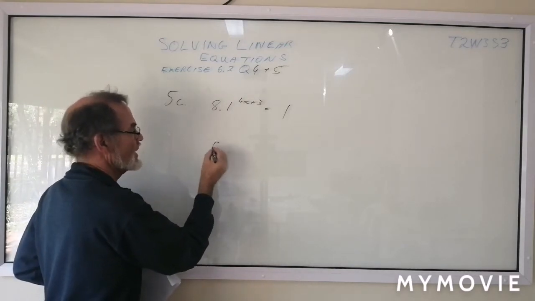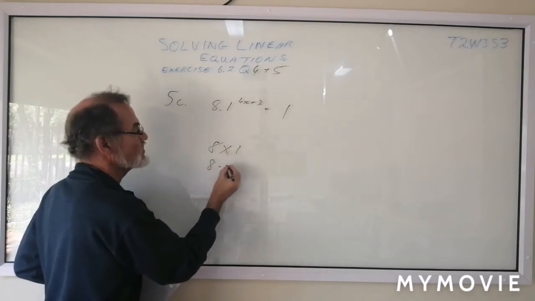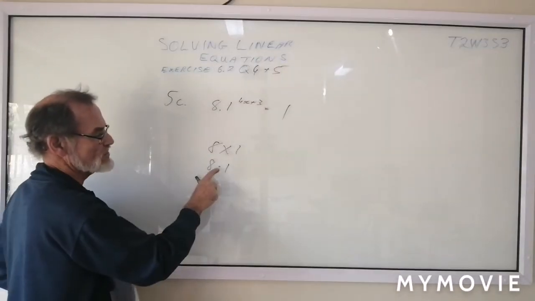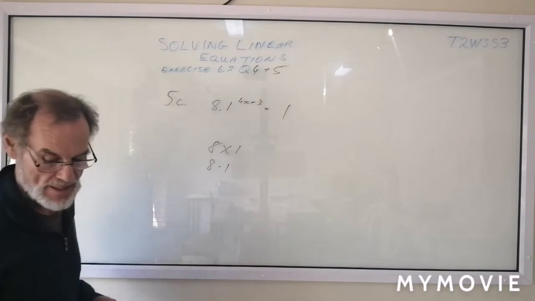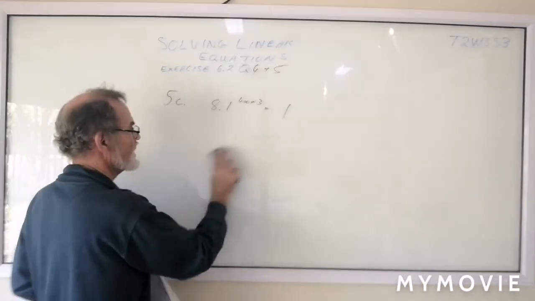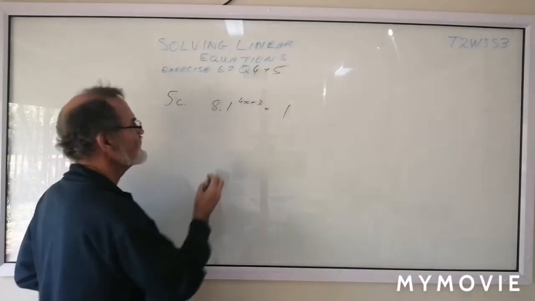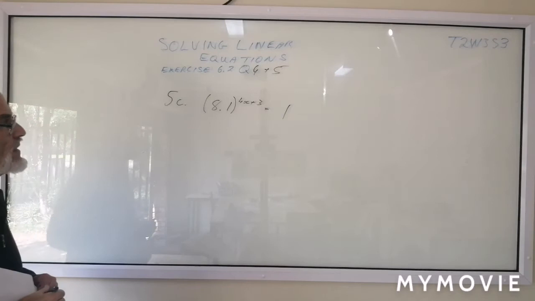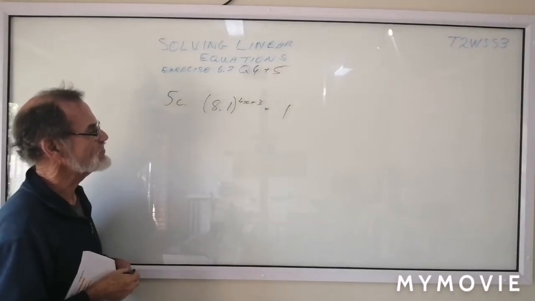We can write 8 times 1 as 8.1, so you sometimes see that, but notice that this dot is in the middle. It's halfway. It's not at the bottom. So this is a decimal. If you like, we can put brackets around it. I actually prefer that. So we've got 8.1 to the power of 4x plus 3.